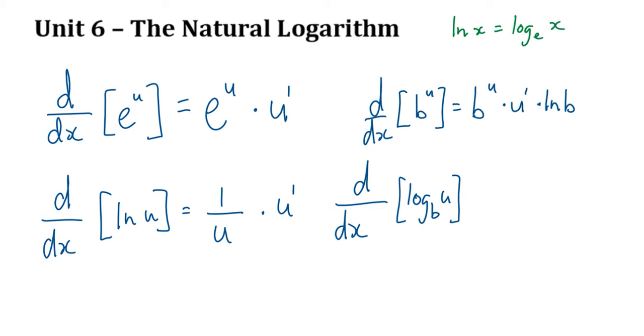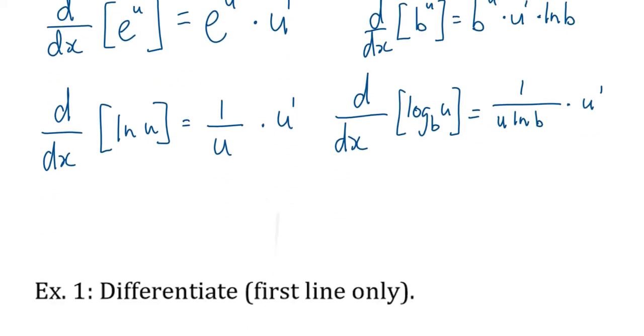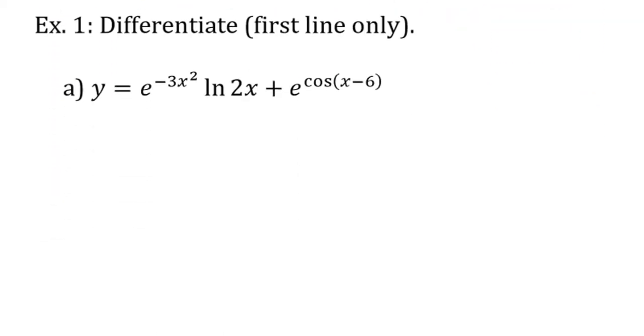So this is just a special logarithm with a special base, and so this works out to 1 over u ln b times u prime. Okay, so these ones don't come up as much, so you got to remember the constant and where it goes and how to find it. That's always a bit of a trick. Remember those four, just like with trigonometry, you got to start with the basics. You got to know what the actual derivatives of these things are.